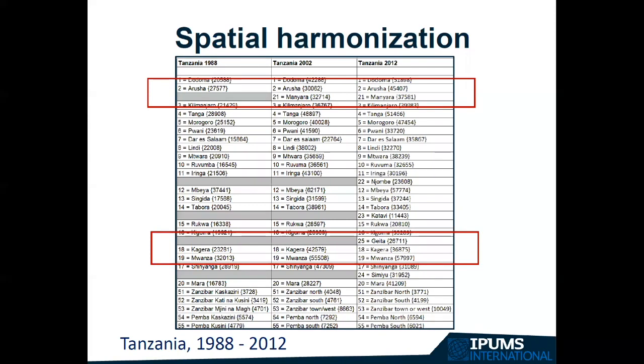I'm going to focus on two examples. We can see that Arusha exists for all the census samples, while Mainara only exists in 2012 and 2002. In the lower box, we see that Kagera and Mwanza exist for all three samples, whereas Gita exists just in 2012.